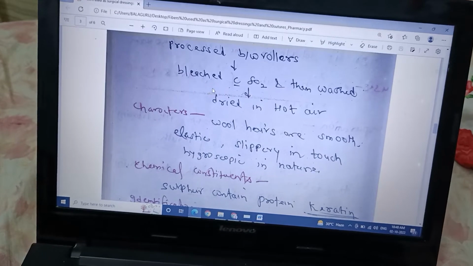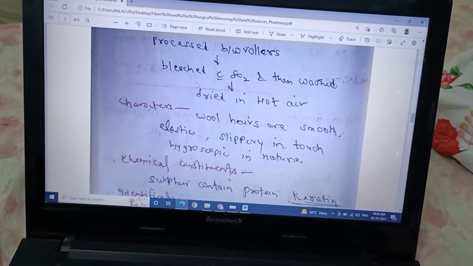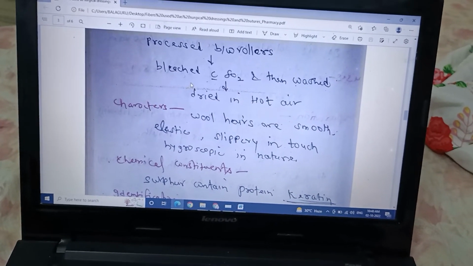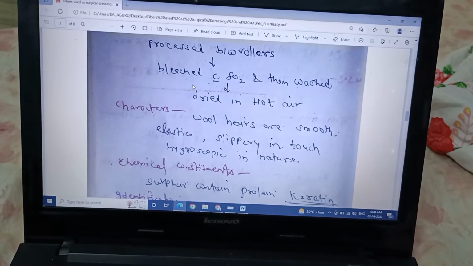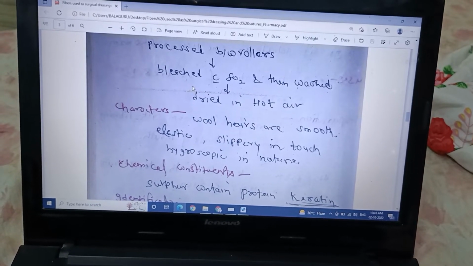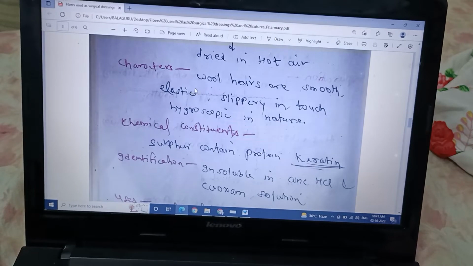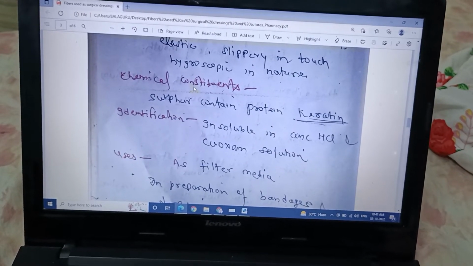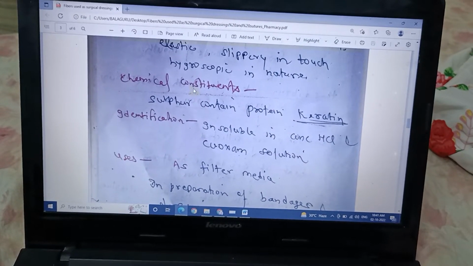What are the characteristics of wool? Wool is smooth, elastic, and slippery to the touch, and hygroscopic in nature. The chemical constituent of wool is a sulfur-containing protein, keratin.